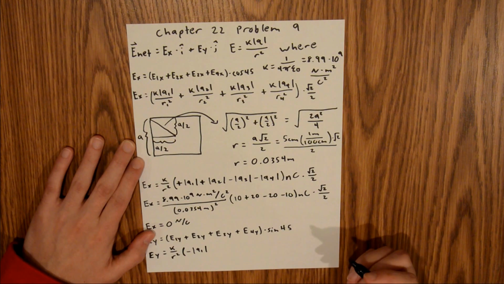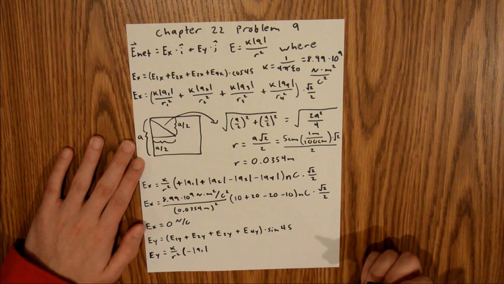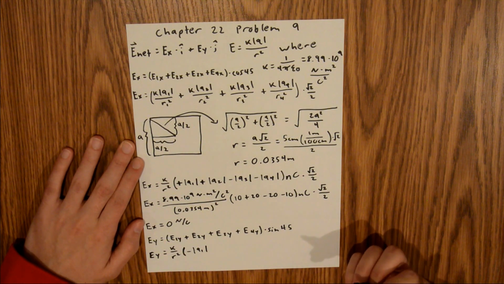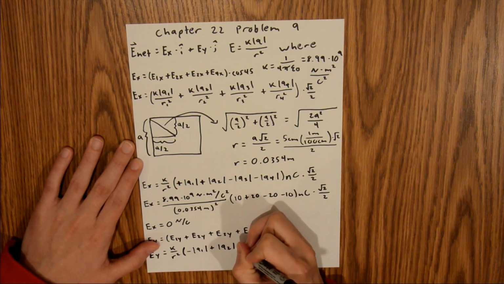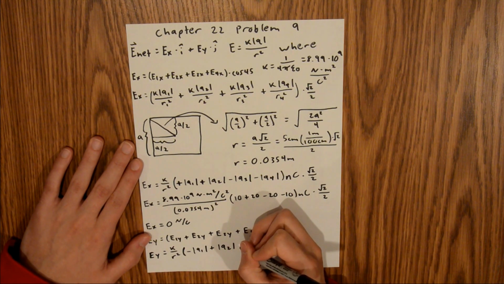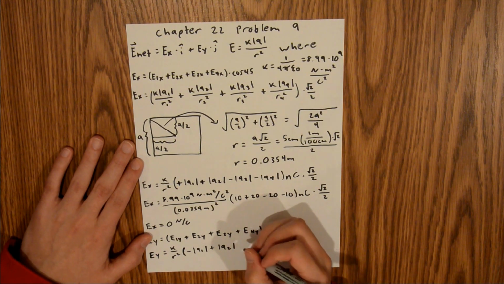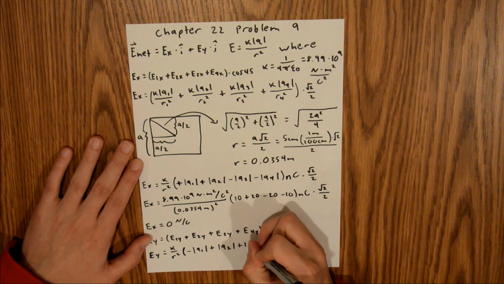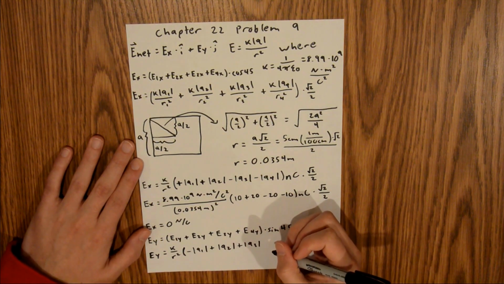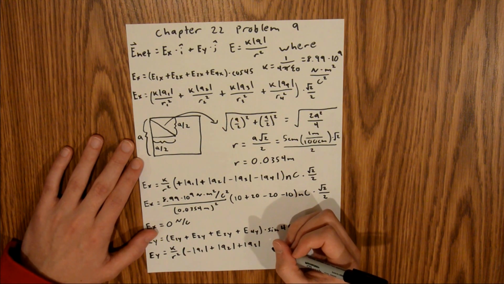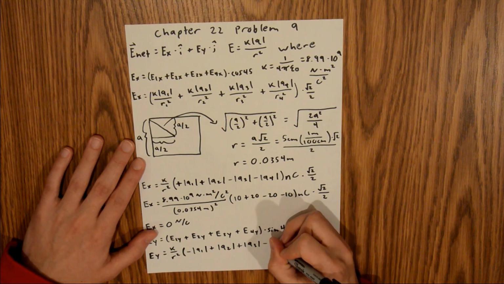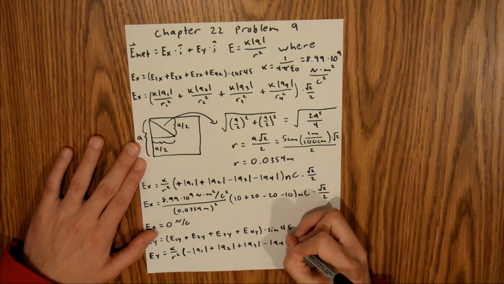If we do the same analysis on Q2, Q2 has a negative charge, and so the field will be flowing toward it, which is the positive y direction, and so plus Q2. Q3 is also positive, and so that'll be flowing in the positive direction as well. And finally, Q4 is negative, and so that will be flowing in the negative direction.